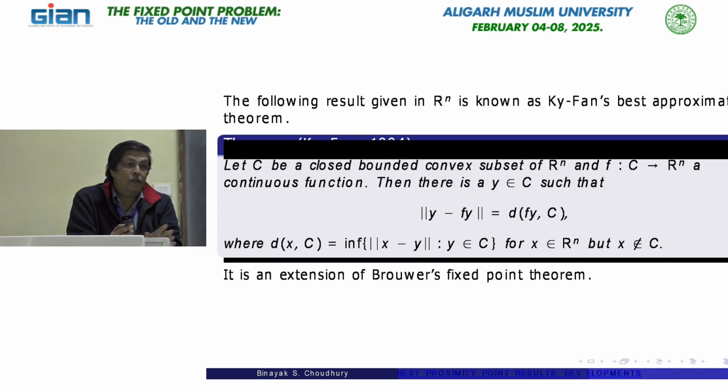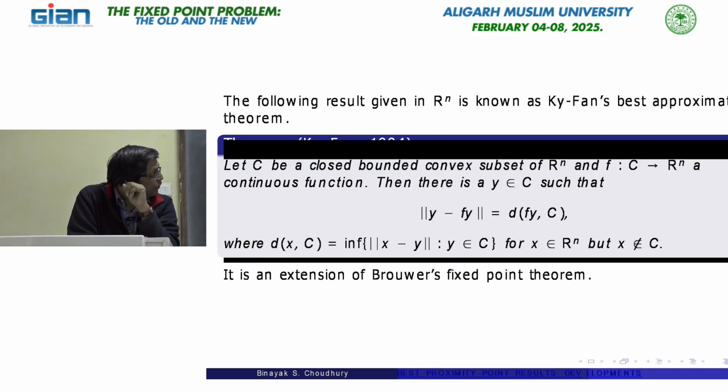Now, if you look into the early literature of best proximity points, you will almost invariably find in the introduction that authors are writing to remove the doubt that it is not a best approximation result. What is the crux of this?